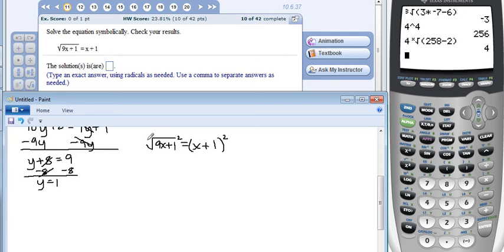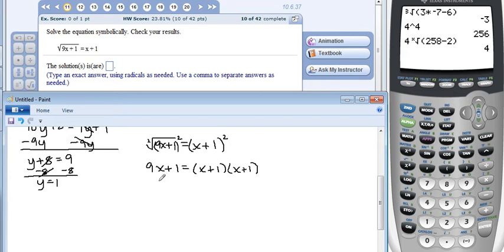But I'm going to square the entire side. This 2 matches that 2. But I want to make sure that I'm not just squaring the 1. I want to square the whole thing. So the square root of a square, these two things cancel. And this is this, isn't it? Isn't that what that says?